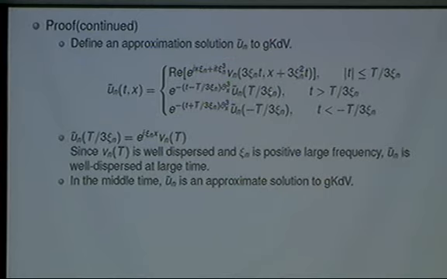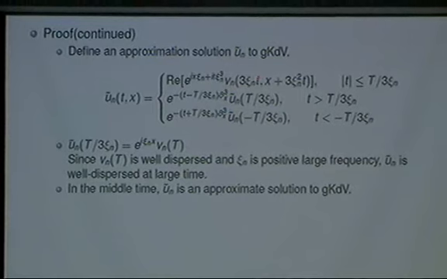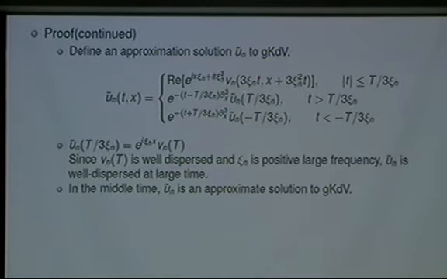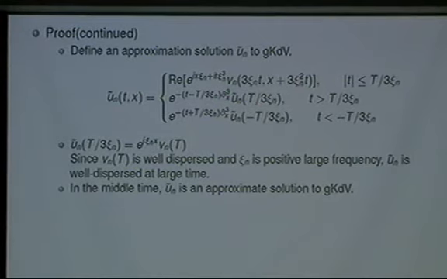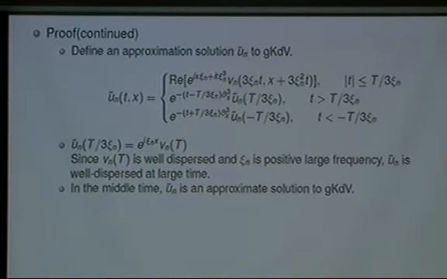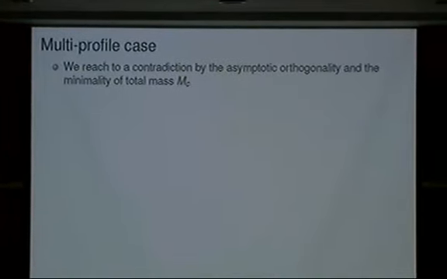And for the larger time, larger in positive or in negative, this NLS solution is well dispersed by the scattering conjecture for the NLS. For the well dispersed solution with very high frequency, that is also a well dispersed approximate solution to the generalized KdV. So we can simply define the approximate solution as a linear solution.